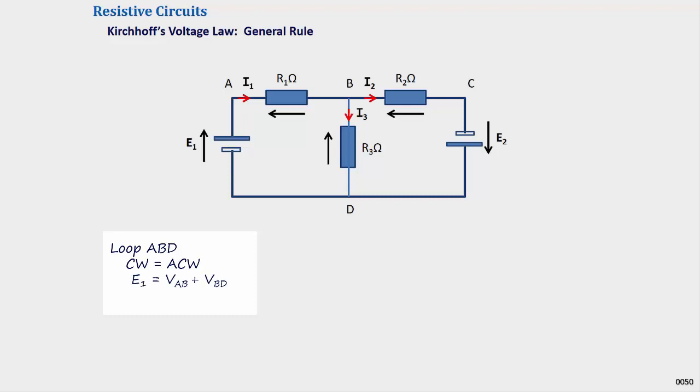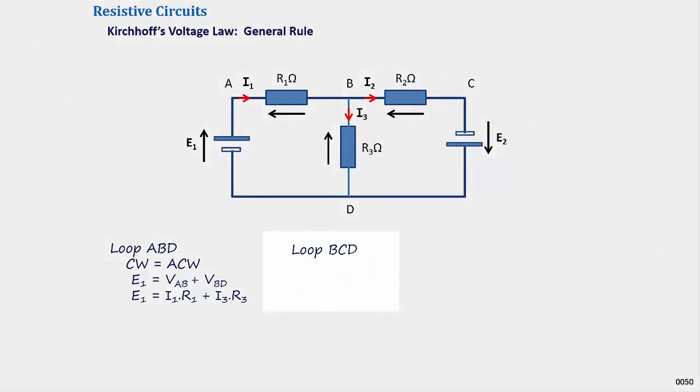So E1 equals VAB plus VBD. Applying Ohm's law, E1 equals I1 times R1 plus I3 times R3.